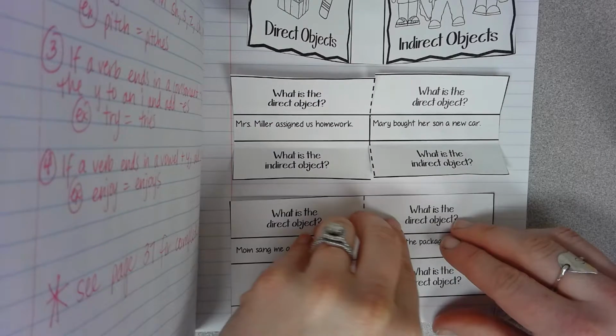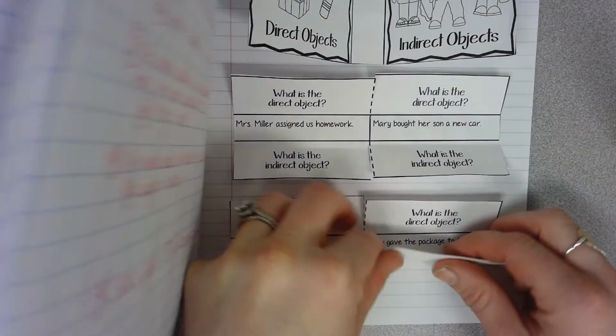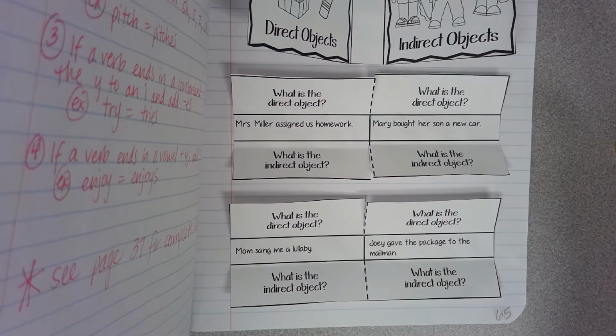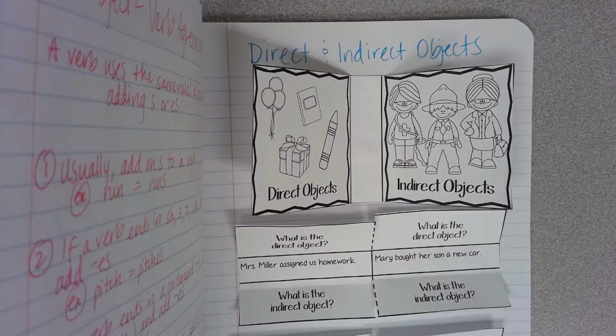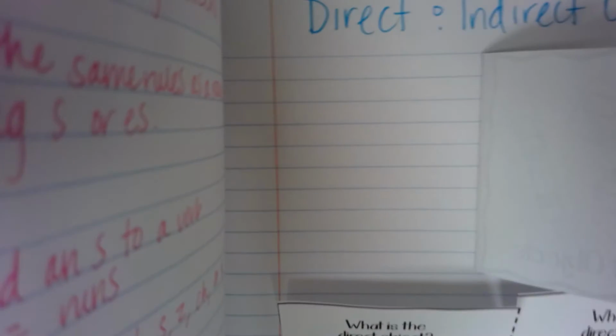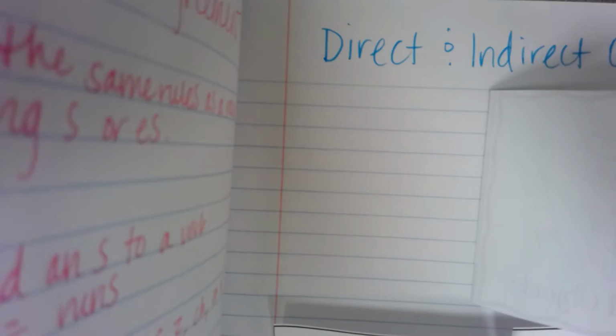So we're going to take some notes on this, and then you will have an assignment to work on after you're done with the notes. So let's flip open the Direct Objects tab. Let me zoom in a little for you so you can see. Underneath the Direct Objects tab, we are going to write the following. We talked about this in our pronouns unit, like I said, and we had a little equation that we worked with to figure out if there was a direct object in the sentence.